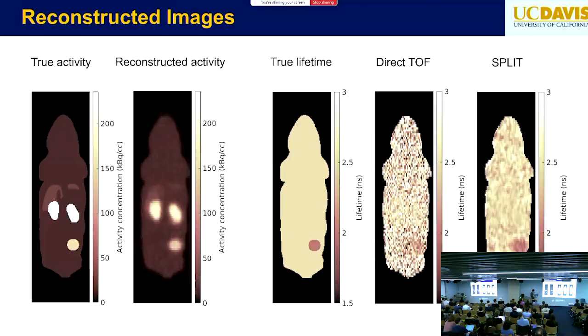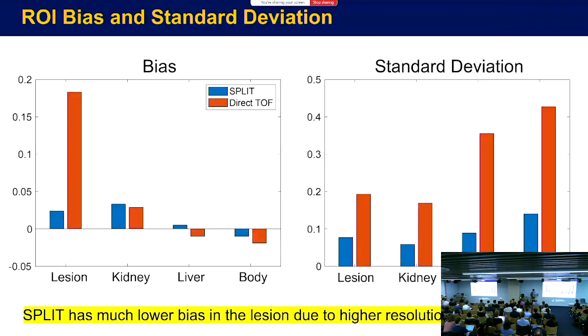Okay. Obviously, you can see the traditional one is much noisier, but it also has larger bias, as you can see from this bar graph. For the regions where the lifetime is uniform, the biases are comparable. It doesn't matter how blurry your image is; if the lifetime is uniform, you don't introduce much bias.